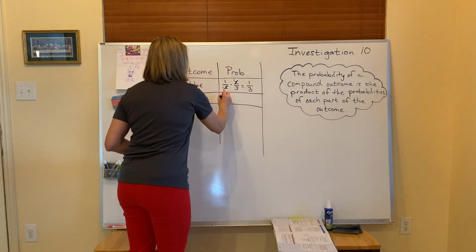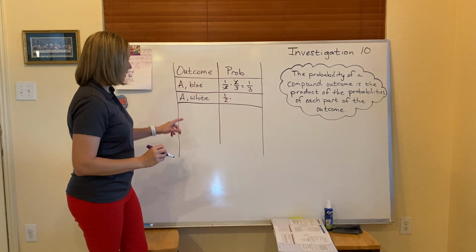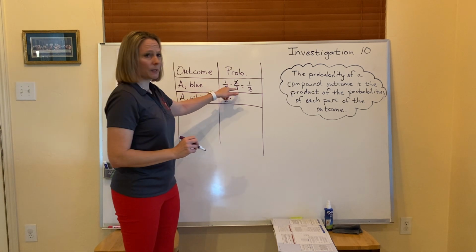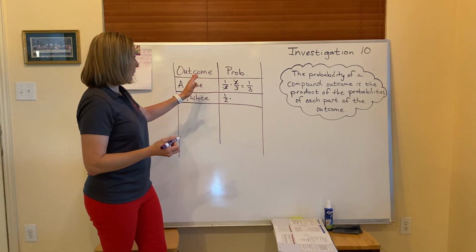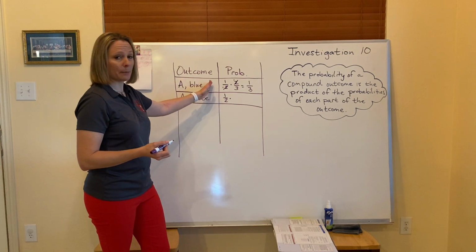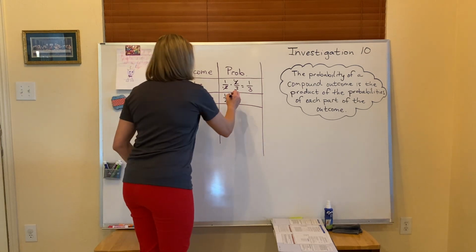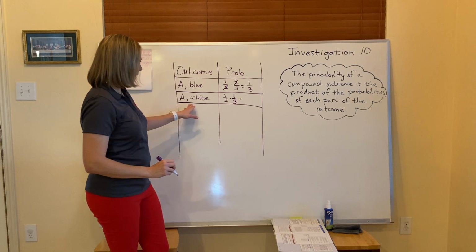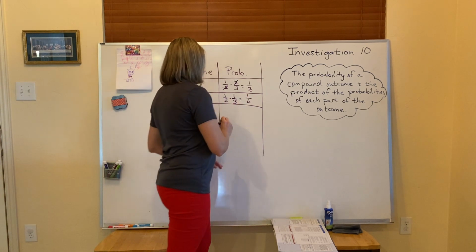We have a 1/2 chance of landing on A. White, well, if blue is 2/3, then white is going to be 1/3, because we know that both probabilities have to add up to 1. So 2/3 plus what equals 1? 1/3. Okay, so landing on A and white, that's a 1 in 6 chance of probability.